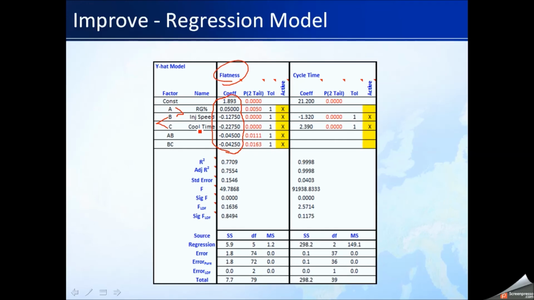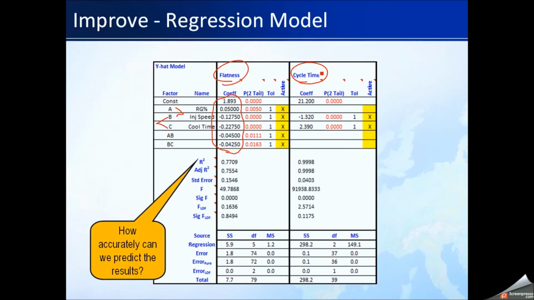So we have a mathematical model. We also have a mathematical model for cycle time. It's going to be a hell of a lot simpler because typically speed and time are going to have a huge effect on cycle time. So the model on the right, not so important, but the flatness is a great model to have. We now understand the process really well.